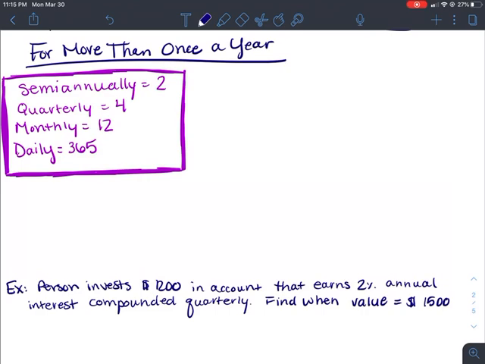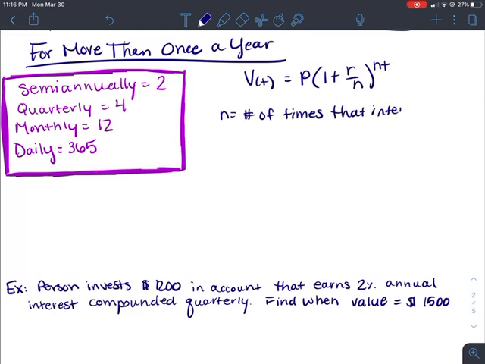Our equation is v of t equals p times 1 plus r over n to the nt power. n equals the number of times that interest is compounded in 1 year, per year.